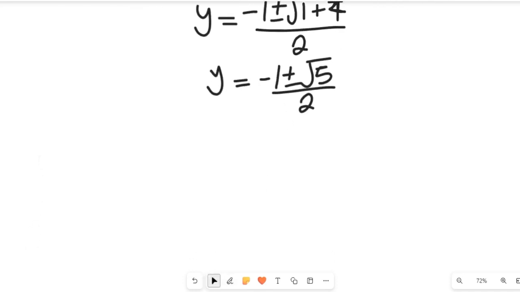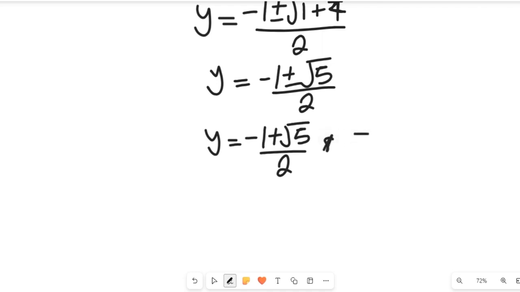So the value of y will now be negative 1 plus square root of 5 divided by 2, and we're also going to have negative 1 minus square root of 5 divided by 2. So those are the two solutions we are going to have for y.